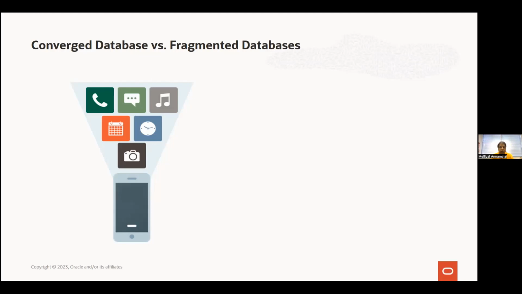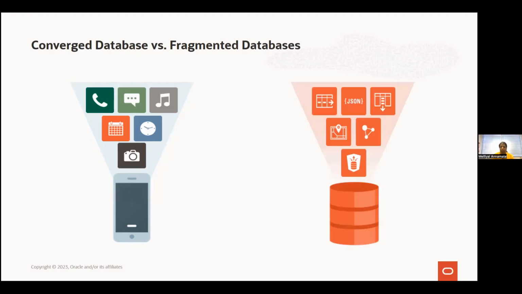It's not slowed down because it's doing all these different types of things. And that's the similar analogy with the database, where you are doing different kinds of operations with your data. Why not simplify and have one database rather than having different databases that will just fragment your storage and make your applications more complex?